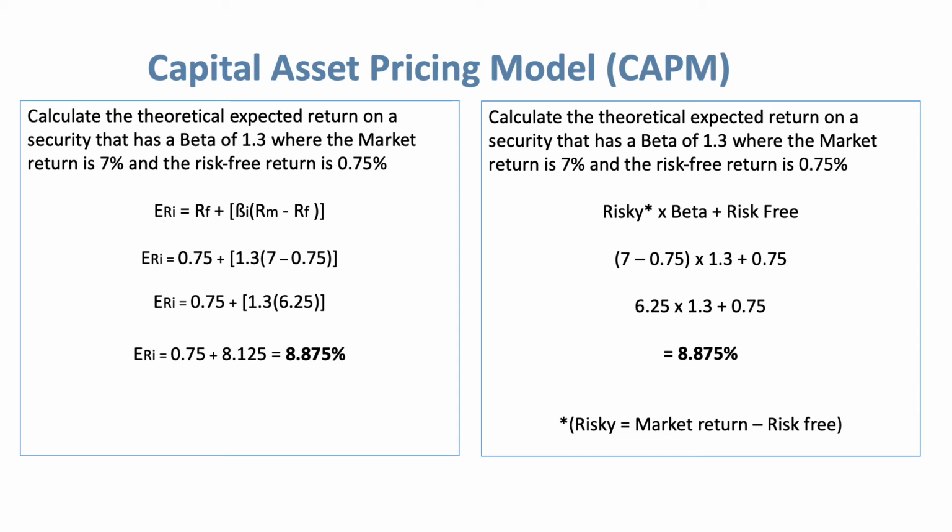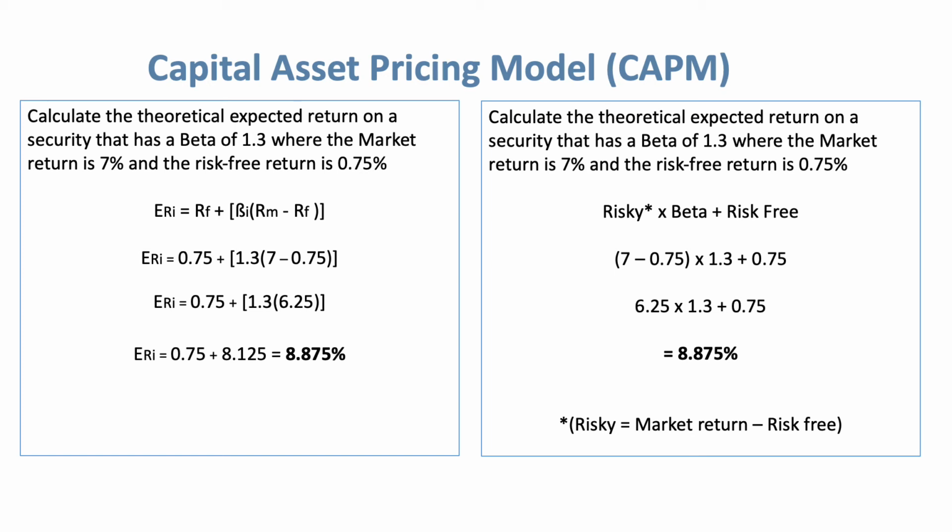So the first thing that we're going to do in this particular situation is look at the left hand side, which is our official formula, and show you how this particular thing works. You can see the formula stated out in front of us, and we're going to fill the numbers in along the way.